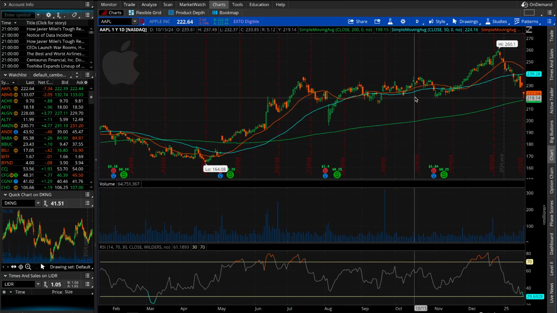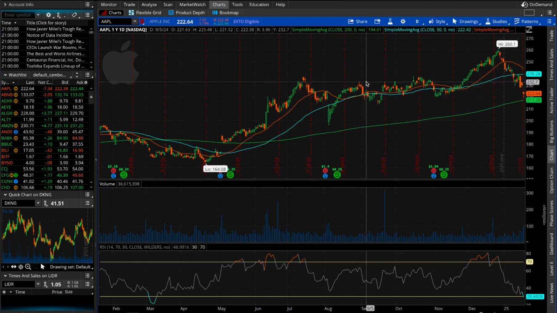Right here, you can see a cluster of candles. What this tells me is this is where the price is kind of staying at. I want to probably try to get in at or a little bit below this level. You don't have to be exact with the stock market.